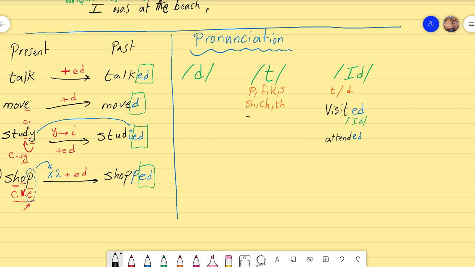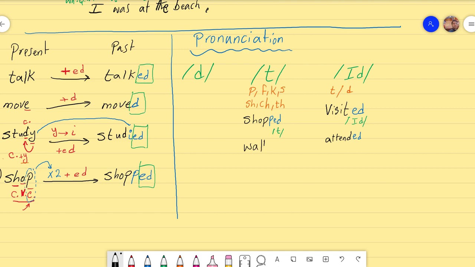For example, shop. What is the past? Double the last p plus ed. And when we want to say it, listen, we say shop, shopped.